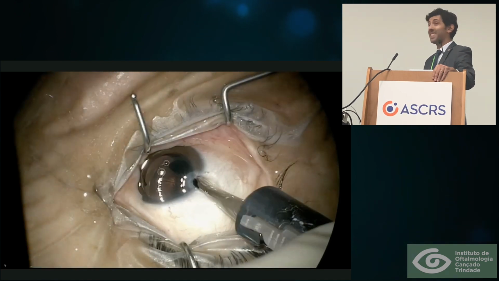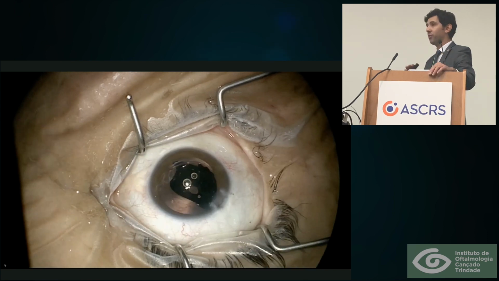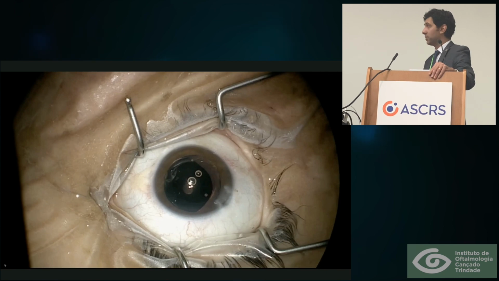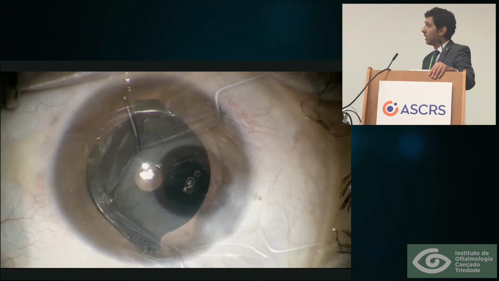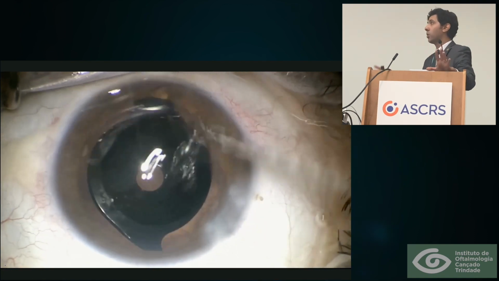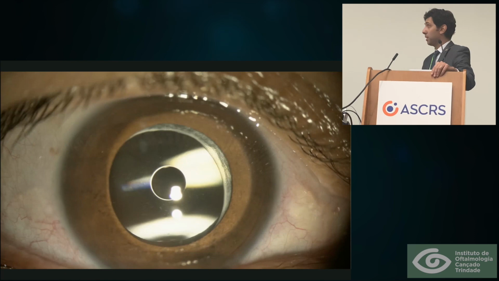This is a very thin implant, and sometimes it can be challenging to use those flat injectors. So this is how the eye looked at the end of surgery, with the capsular rhexis overlapping all this occlusive portion. Here is the post-operative image of the eye.